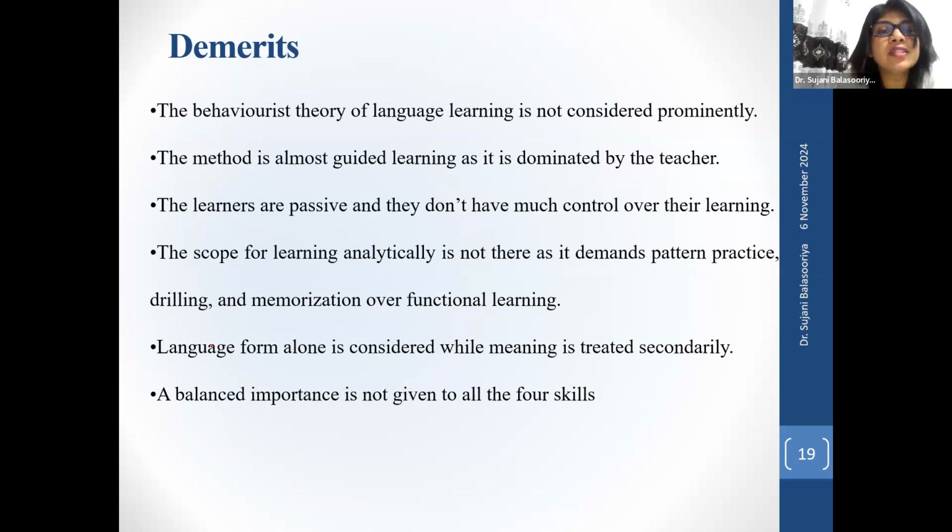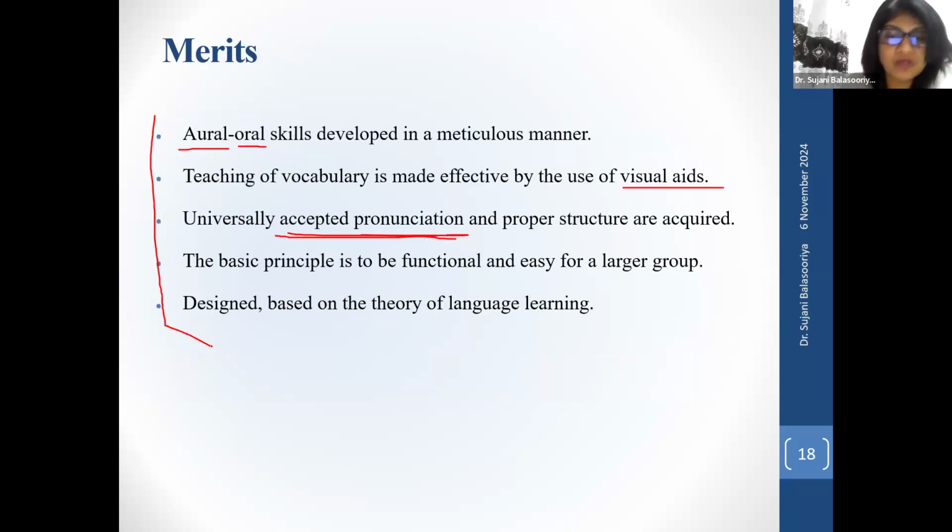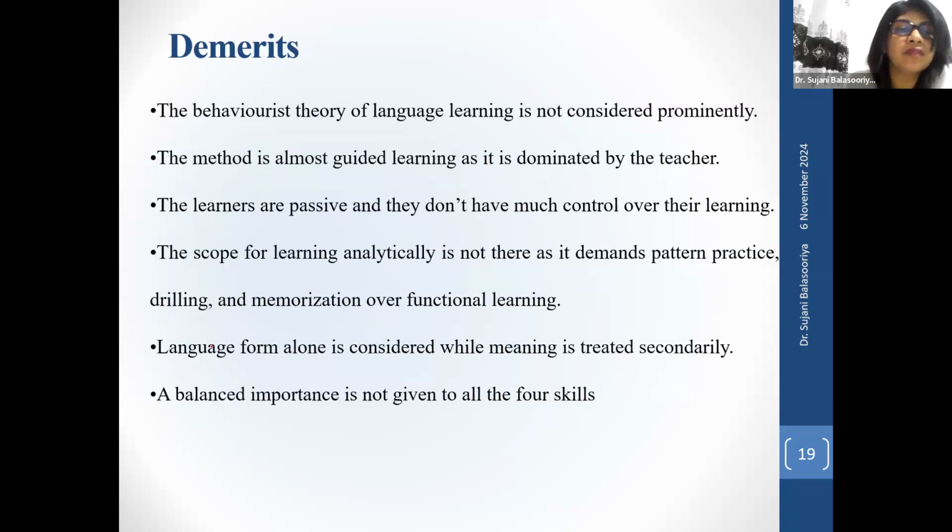The behaviorist theory of language learning is not considered prominently. By now, you know about this behaviorism, innatism, all these theories in relation to first language acquisition, right? So what does the behaviorist theory say? Earlier also we found this, right?